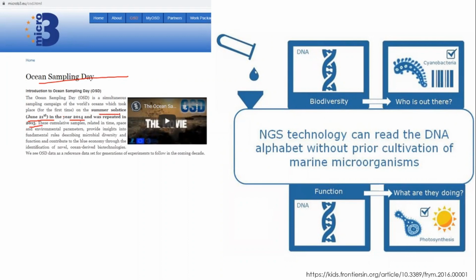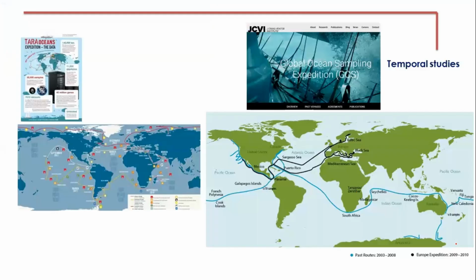So on the day of summer solstice, at a particular time across the world, samples were taken from different seas for next generation sequencing, in biodiversity analysis using the next generation sequencing technology, in order to know who is out there, what functions they are doing, and to get more and more information on the marine microbes. Again, I don't think that there was any sampling in India.